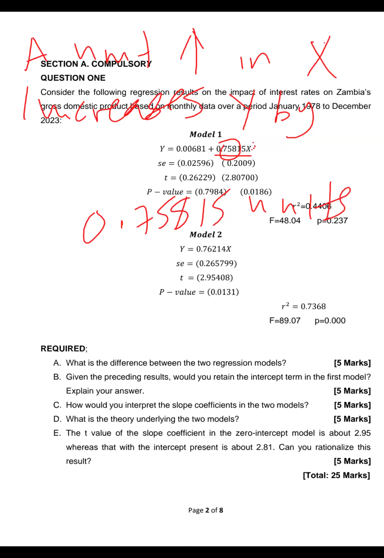If you don't want to write increase or decrease, to be general, you can just say a unit change in interest rates changes GDP by that many units. But since this is a positive change, you just say it increases GDP. So that's an increase. You have understood? That's the interpretation. Okay?